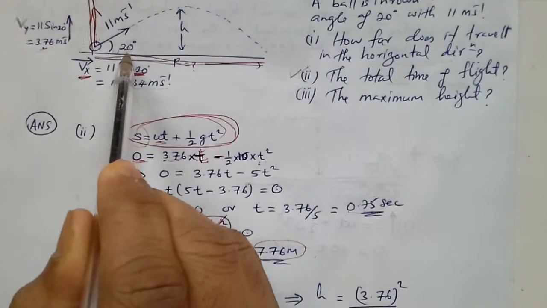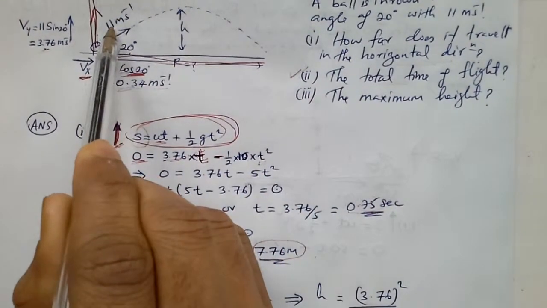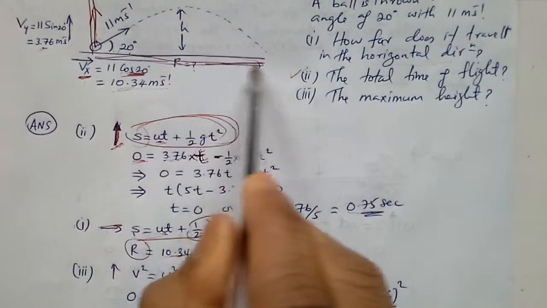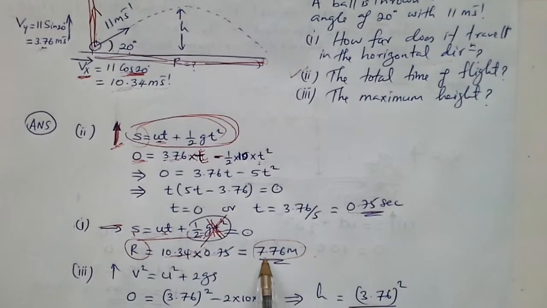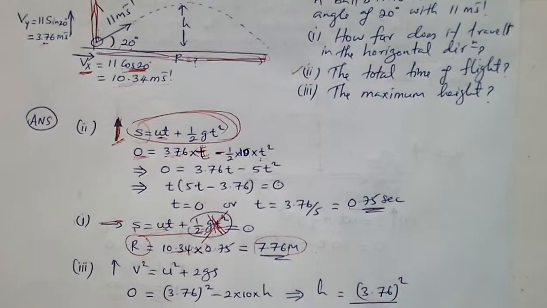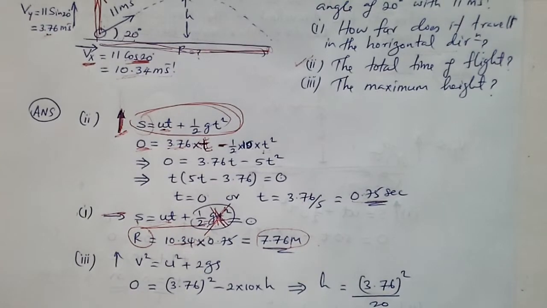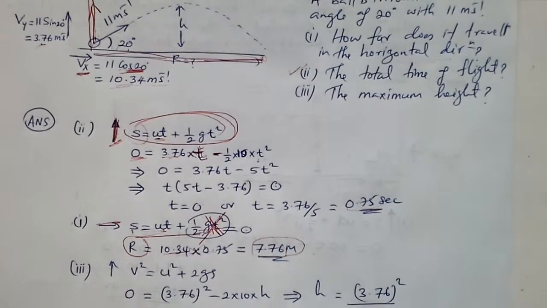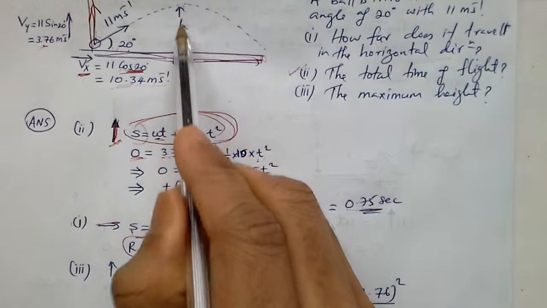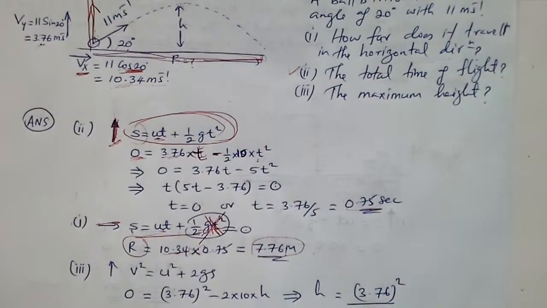If you throw a ball at 20 degrees with 11 meters per second, the total range would be close to 7.76 meters. The third part of the problem is you need to find the maximum height reached by this object. How do you find this? I can find this in several ways.